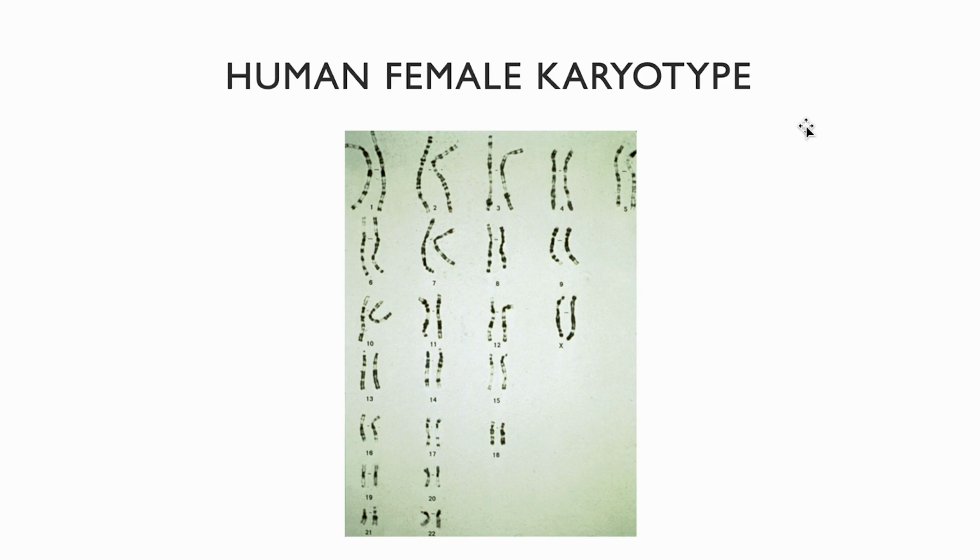Okay, any human karyotype will contain 22 pairs of autosomes, which are the chromosomes that are not sex chromosomes. And then there are the sex chromosomes, which are known as allosomes or simply sex chromosomes. Okay, we have 46 chromosomes in total. We inherit half of them from our mothers and the other half from our fathers.